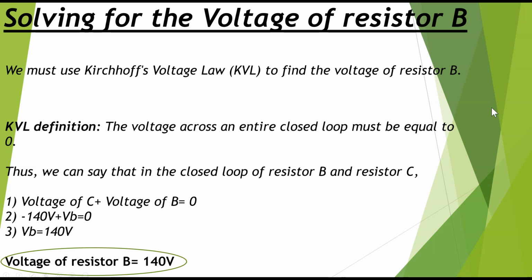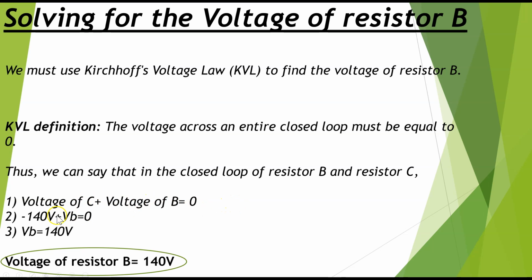Okay, first we're going to be solving for the voltage of resistor B. To do this, we have to use KVL, or Kirchhoff's voltage law. KVL says that across an entire loop, the voltages must sum to 0. So algebraically, voltage of C plus voltage of B is equal to 0.